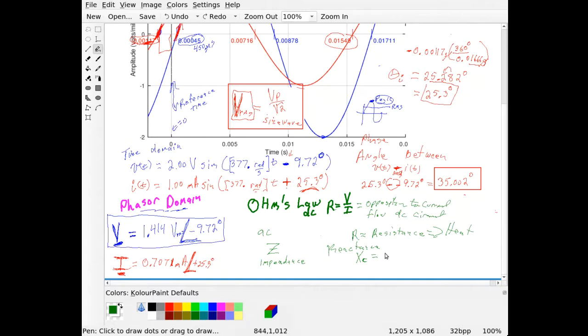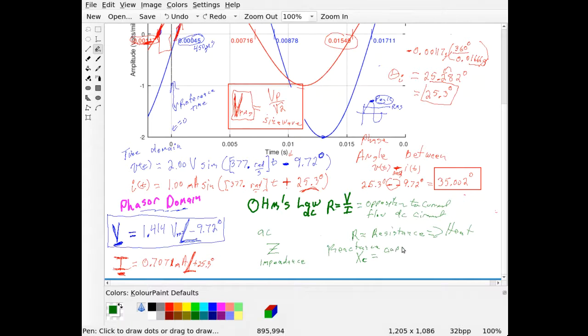What we do with a capacitor, if you remember from the last part of DC circuits, capacitors store charge in an electric field. So the reactance is the act of storing the energy.